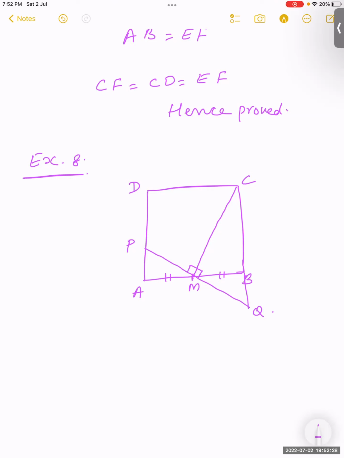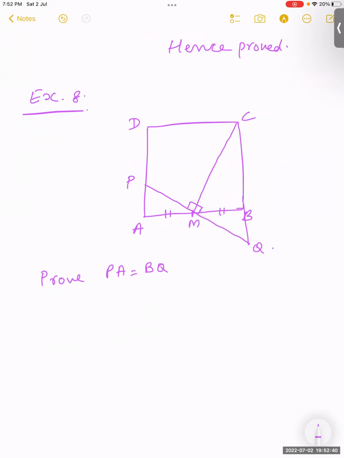PA and BQ are equal. So prove PA is equal to BQ. See, when they ask you PA is equal to BQ, which triangle do you need to consider immediately? Think and tell me. They are saying PA is equal to BQ.